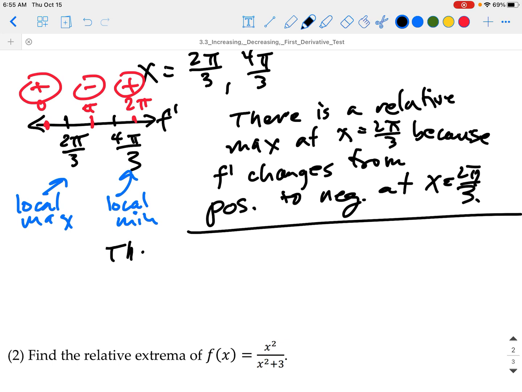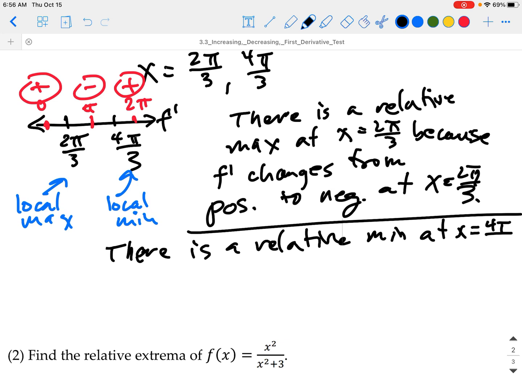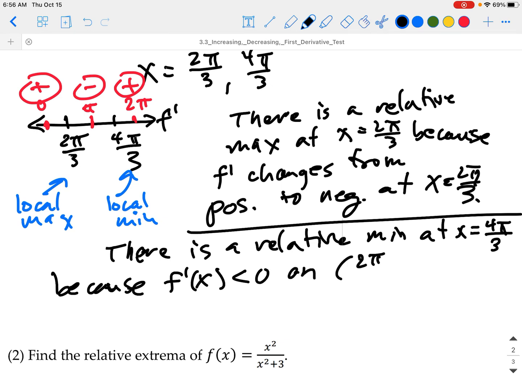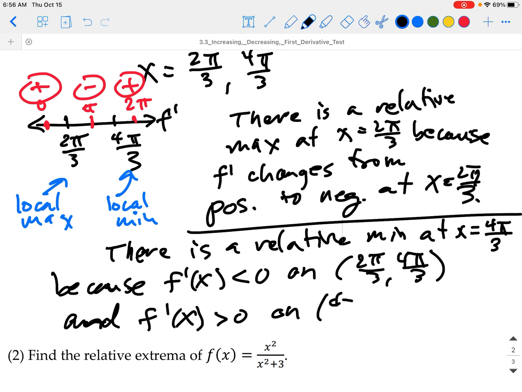So we can say that there is a relative min at x equals 4 pi over 3 because f prime of x is less than 0 on 2 pi over 3 to 4 pi over 3, and f prime of x is greater than 0 on 4 pi over 3 to 2 pi.